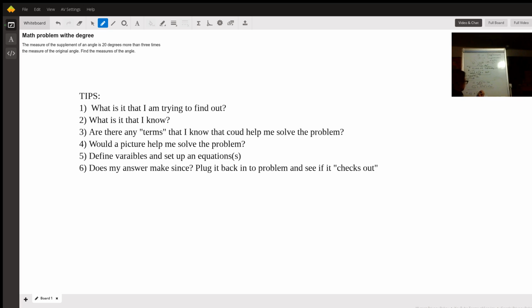So it's going to be 3 times angle 1 plus 20 degrees.